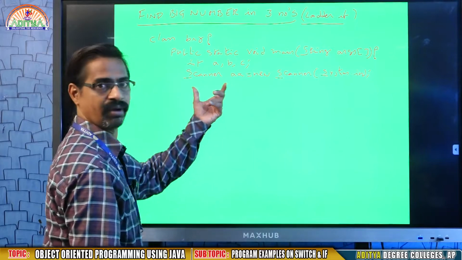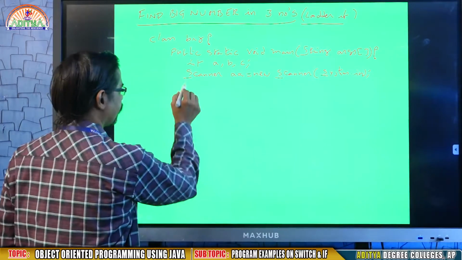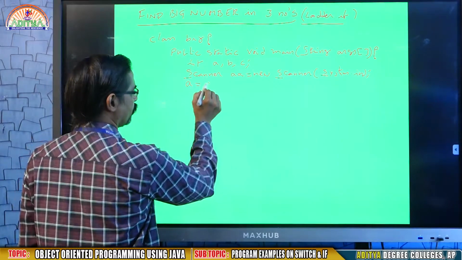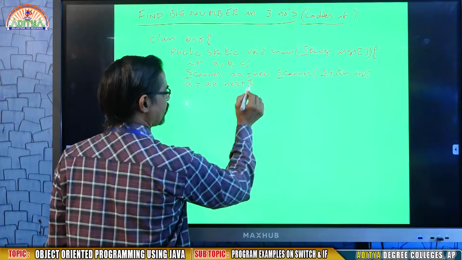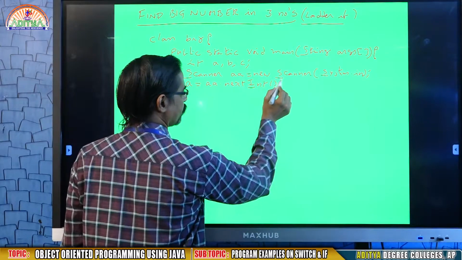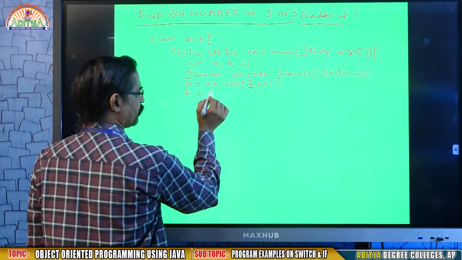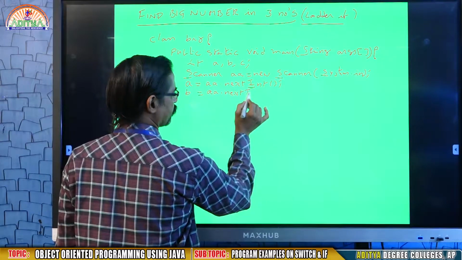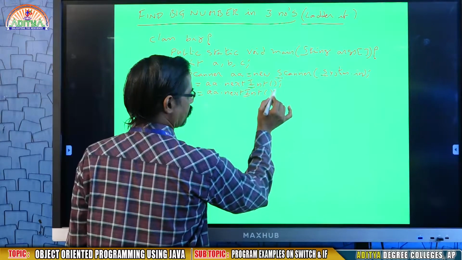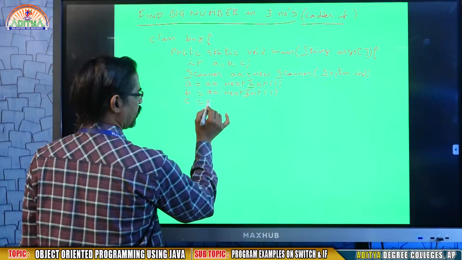All 3 variables are integer type, so I use the method nextInt: a equal to a.nextInt, b equal to a.nextInt, c equal to a.nextInt.